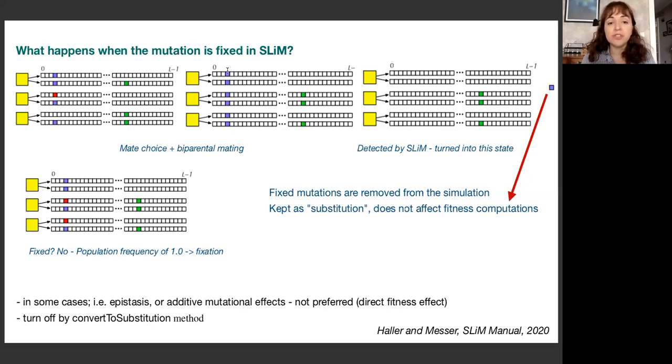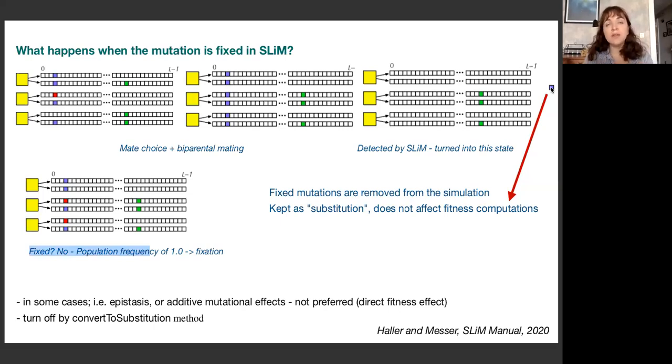The blue mutation becomes fixed because the population frequency is 1. And then if the mutation becomes fixed in all individuals, this mutation is detected by SLiM and it is turned into the substitution state. So they are removed from the simulation.